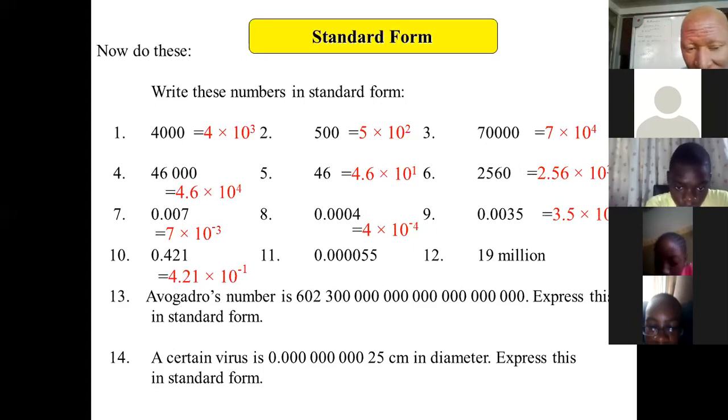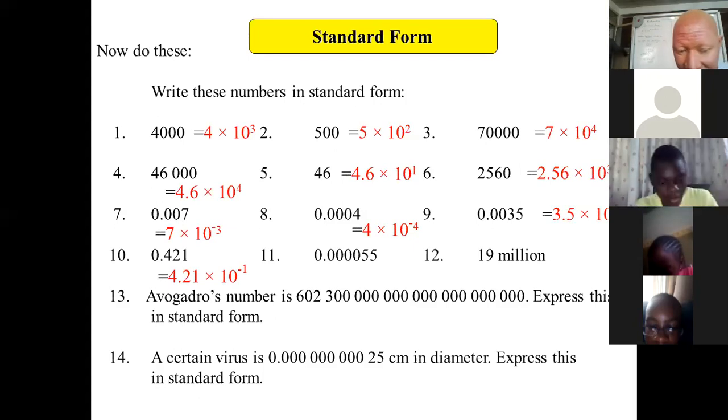I want to wait for 2 or 3 people to be able to speed up. Probably someone will have an answer of what to write when we talk about 0.000055. Okay, so let's see what it will be. If you have done it, just hold on while I click on the answer to confirm what you have in your notes.